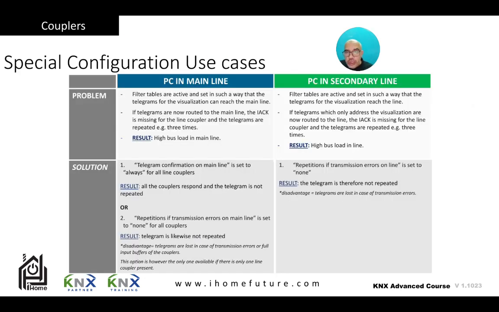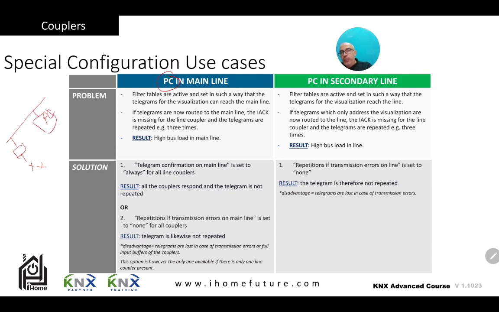This will lead to a specific case related to visualization or any PC that you have in your setup, because the PC doesn't have an individual address in the case of visualization, as an example, or a server like that. Then it will not be routed in the normal way. So in our case I have a main line, then a line coupler, then a device, and I put my PC here on the main line.